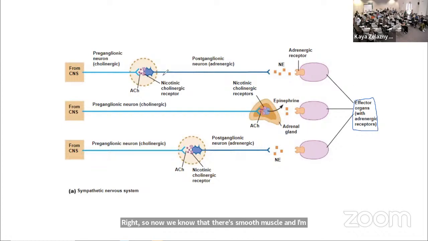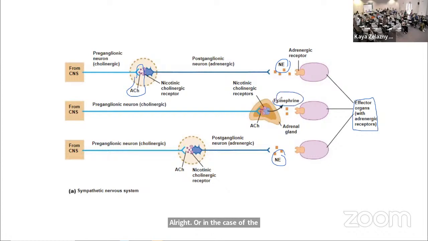So here it comes. Okay, so here's our sympathetic nervous system. We have our preganglionic neurons, which are cholinergic because they release acetylcholine here at the ganglion. Our postganglionic neurons are adrenergic, releasing norepinephrine. Or in the case of the adrenal glands specifically, we've got this modified chromaffin cell here that releases our hormone epinephrine primarily.